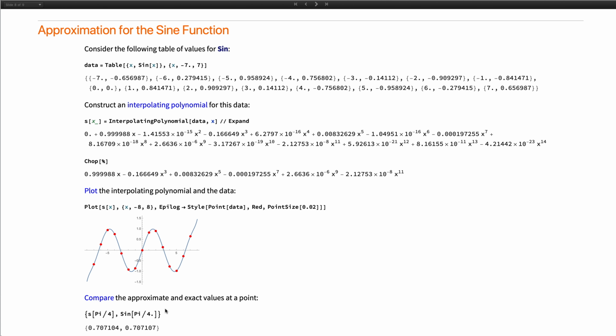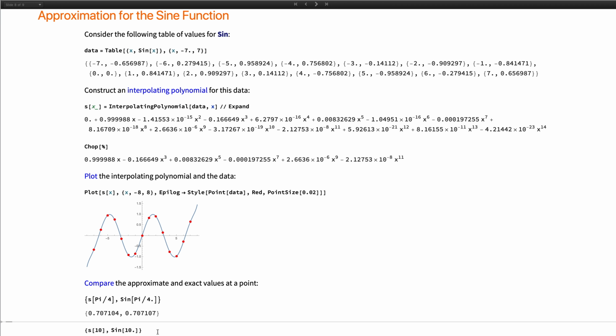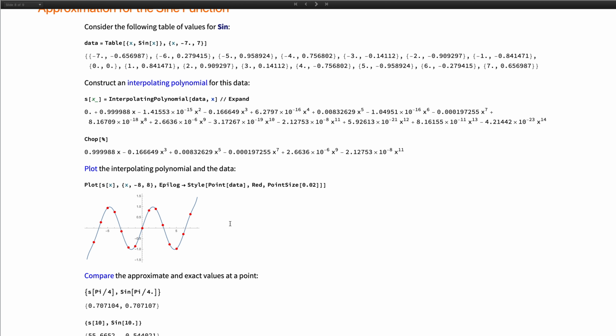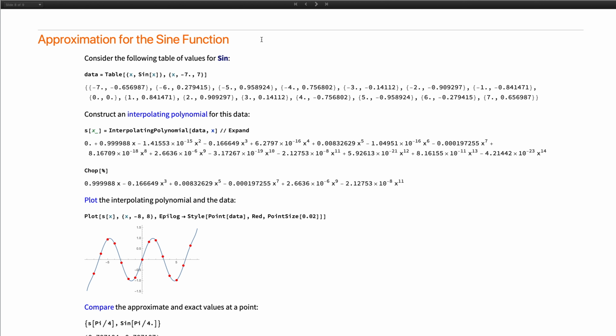If I try to compute the value at pi over 4, the approximate and the exact values are quite close to each other. But if I go further away, you see that the approximation gets quite poor. So the main point is that interpolation is good where it is valid, namely between the points, but once you stray away from them, you might get a pretty bad approximation. So one has to be careful when doing interpolation and using it for applications.